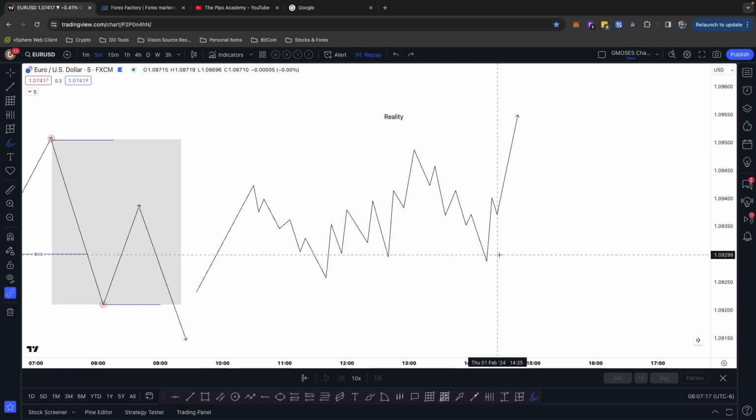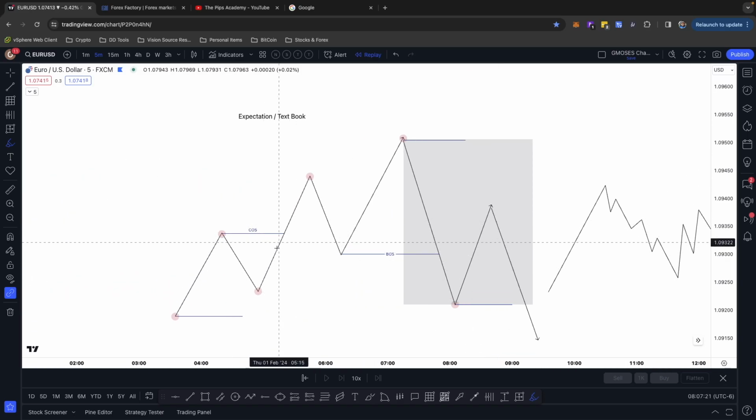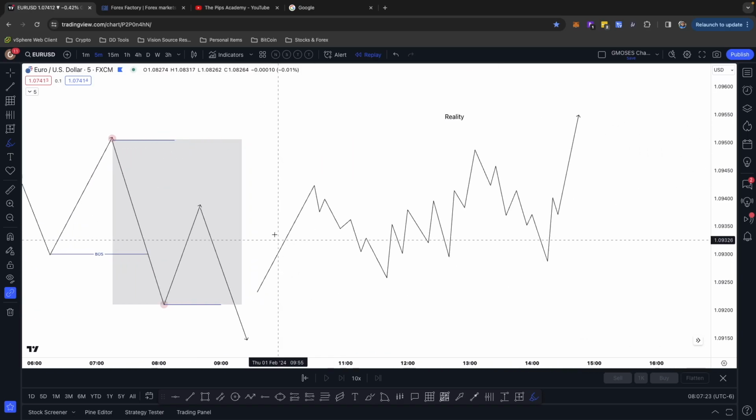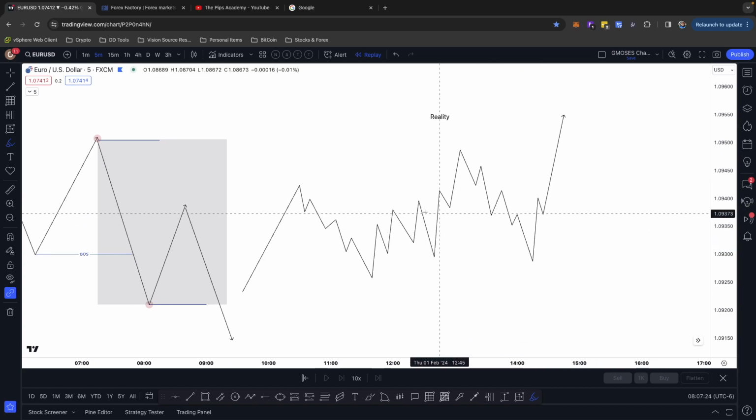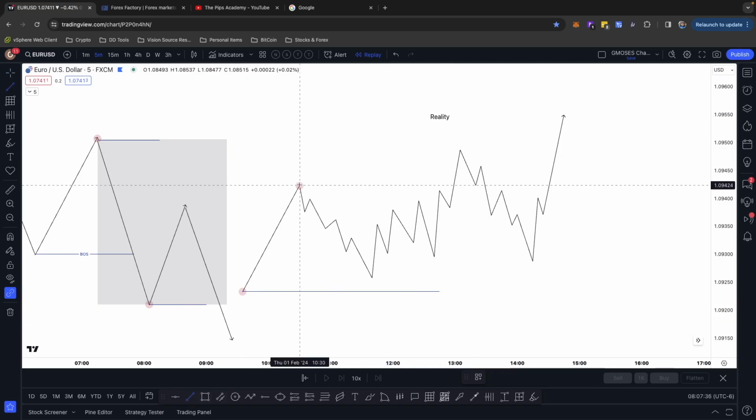It doesn't necessarily look like the textbook model. However, you can apply this foundation and these principles to a model such as this, because one of the things we want to do is establish our low and our initial high. Okay. And so like we said, this is considered to be our swing low and our swing high. And what we can do is utilize that same box from the low to the high, and we can move that over.